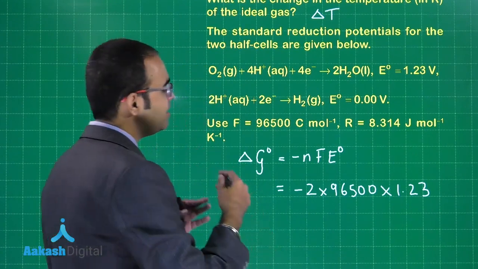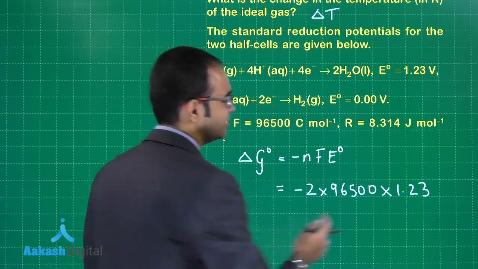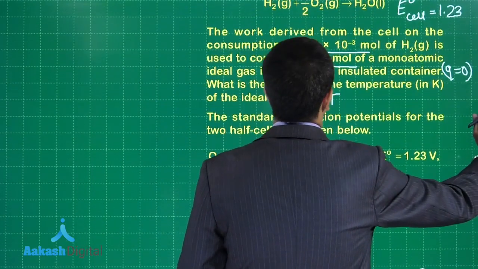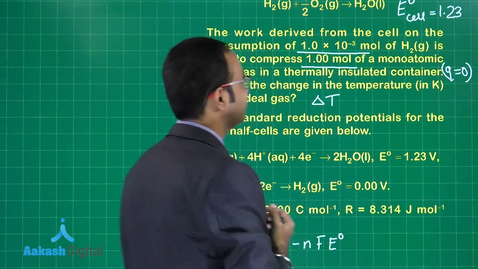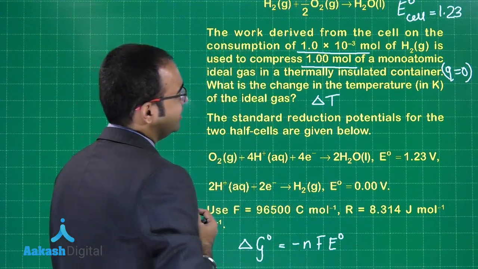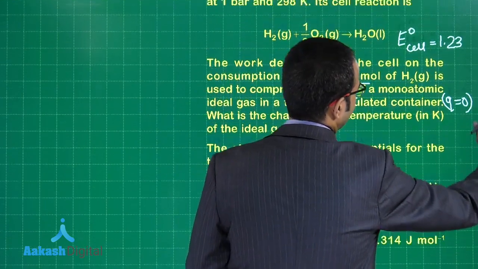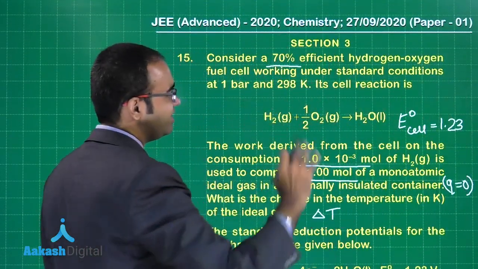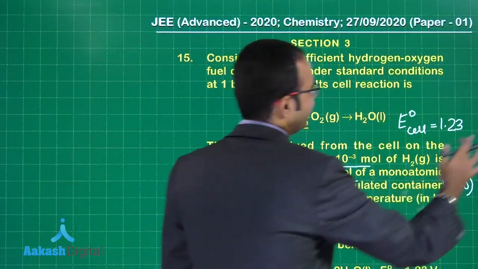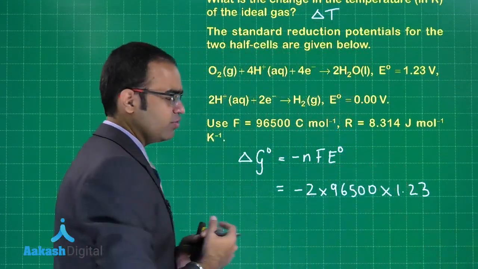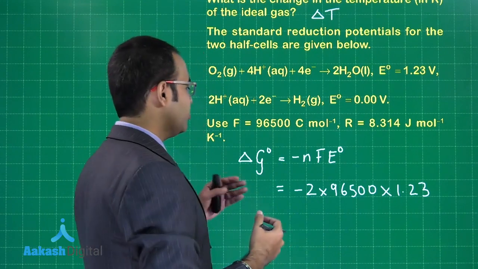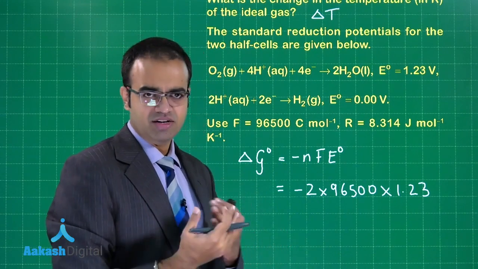Okay, how many moles of hydrogen gas is given to us? We are given 1 into 10 to the power minus 3 moles of hydrogen gas, and the efficiency is only 70%, guys, and we know that whatever work is done is equal to the value of del G naught, right?